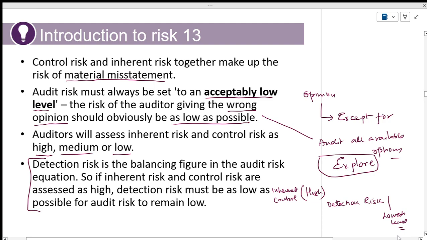This is the way they are relating inherent risk and control risk to detection risk. If it is understood, say yes. If you want some more explanation, I will do it. This is very important.